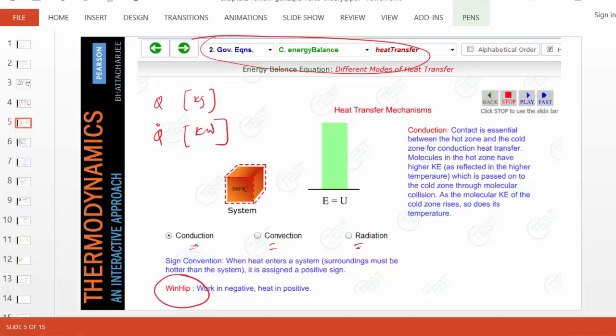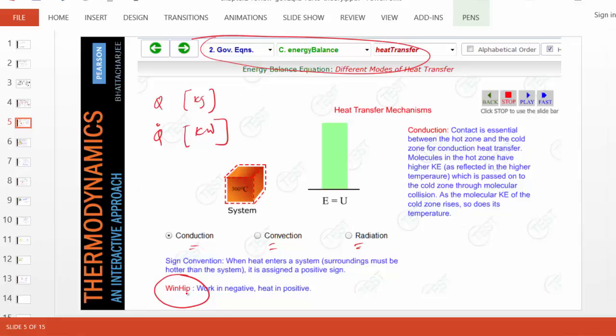If energy goes from point A to B through radiation, it comes from the sun to the earth, or through conduction, when you touch a hot surface and heat is conducted, or convection, when hot air rises and carries energy with it. All these mechanisms are different forms of heat transfer. The sign convention means work out is positive and heat in is positive.